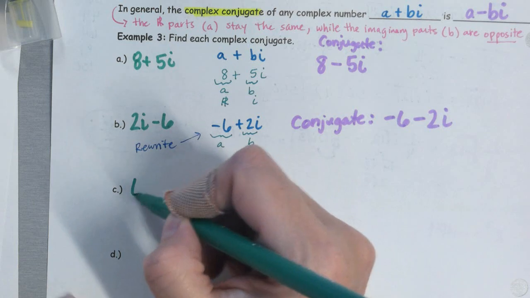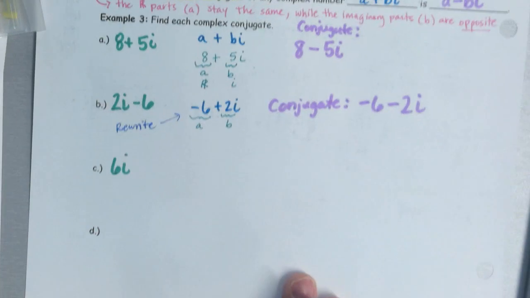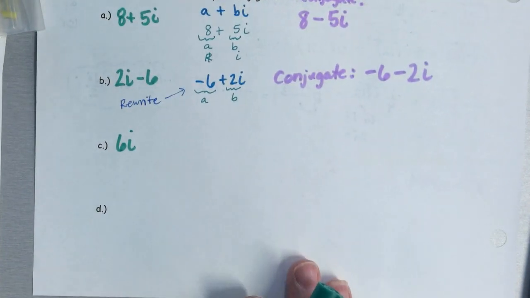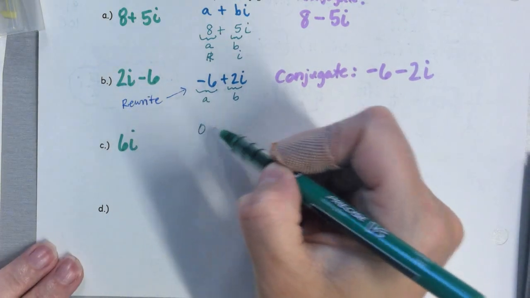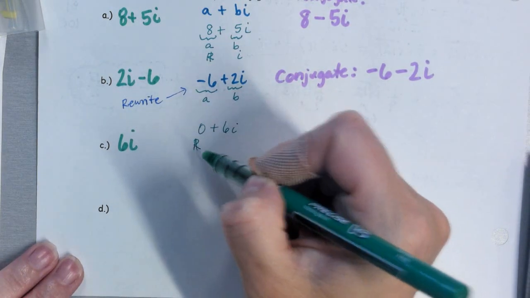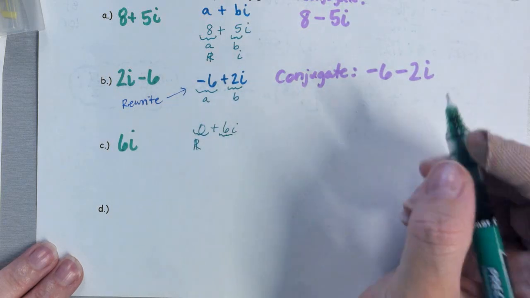All right, you want to give c a try, 6i? What is the a value in 6i? 0, right? 0 plus 6i. Here's your real value. Here's your imaginary value.